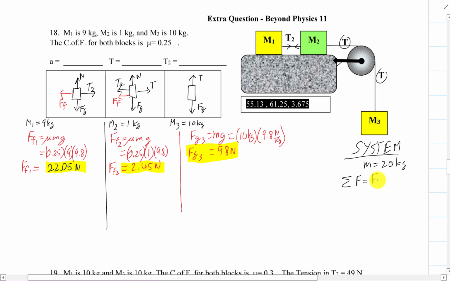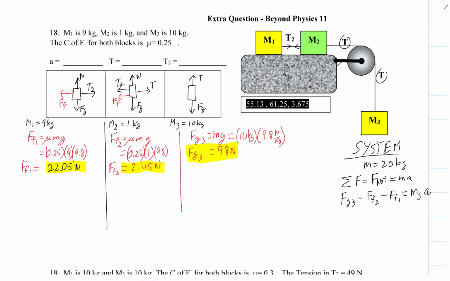F net equals MA. Now remember, the internal forces, the tension pulling one way on one block and then the opposite way on the other block, they cancel out. So it's just going to be the force of gravity of number 3 minus the force of friction of number 2 minus the force of friction of number 1. And that's going to work on the mass of the system times the acceleration.